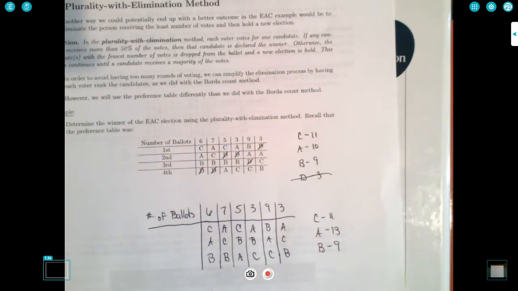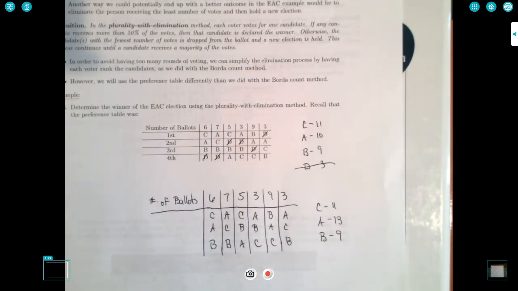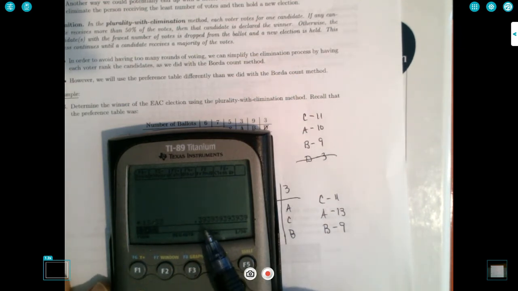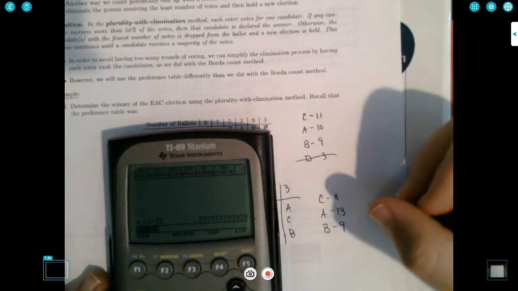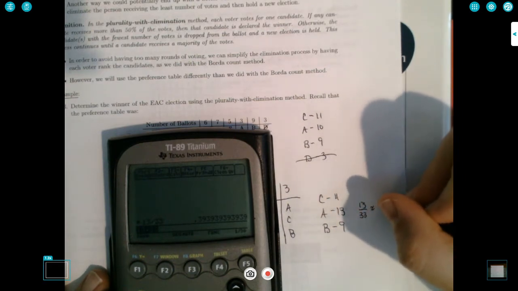So A took the cake there. But notice that 13 out of 33 is still not a majority. It's about 39%, so not a majority.